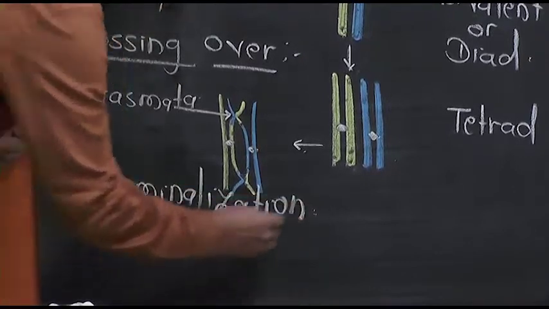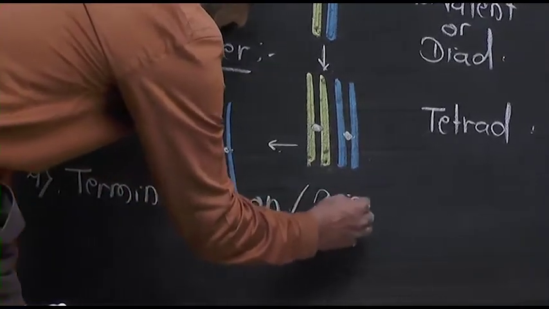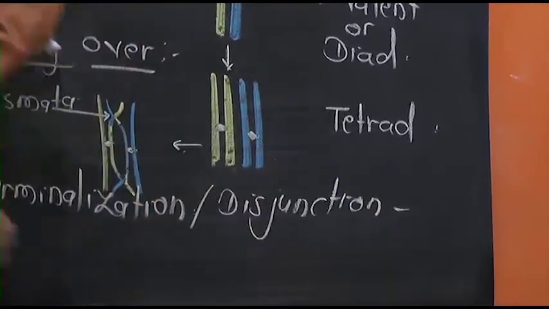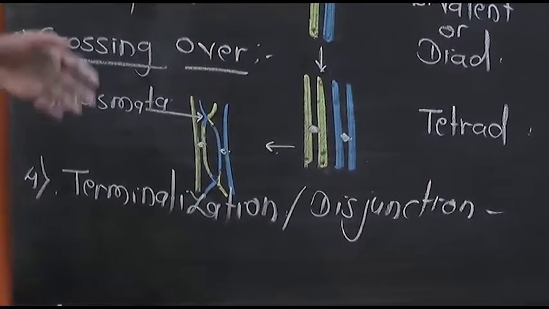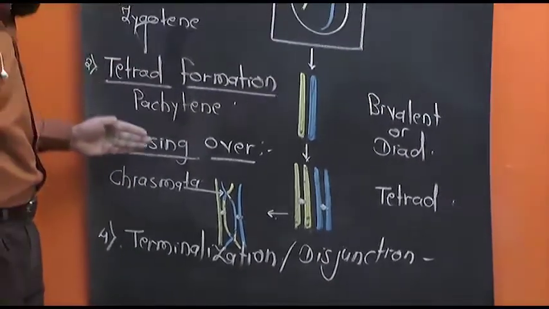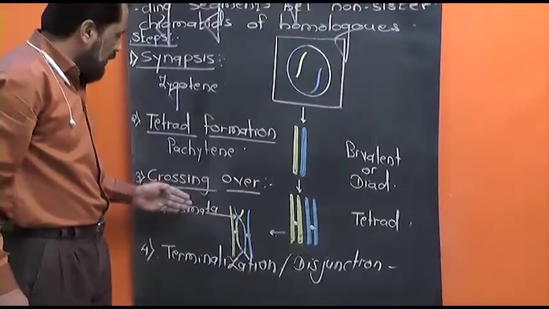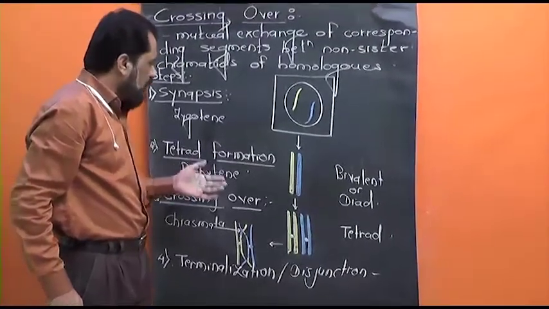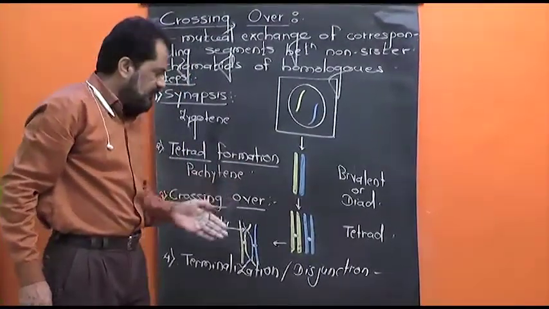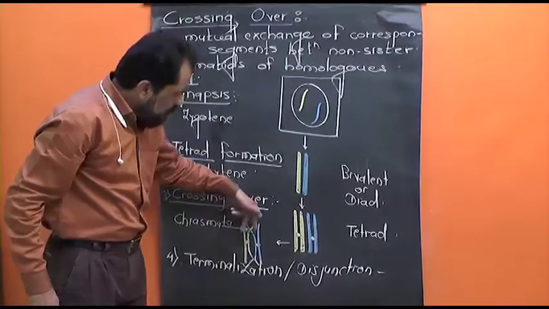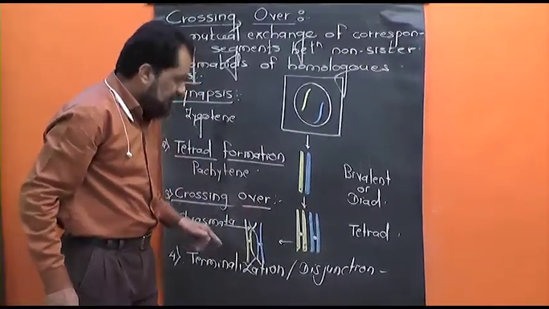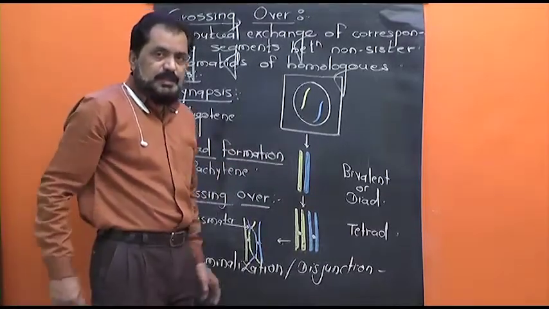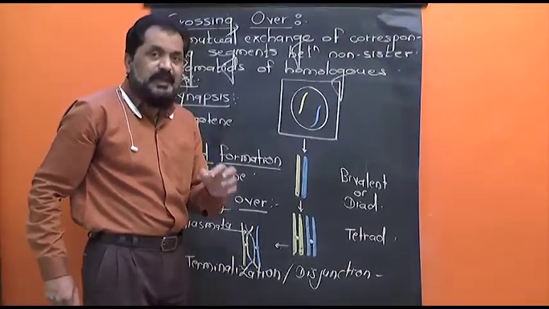Terminalization, or it may be called disjunction. Of course, the tetrad formation and actual crossing over take place in the pachytene substage of prophase of meiosis first, and then these two homologous chromosomes try to go away from each other because the synaptic force ends.